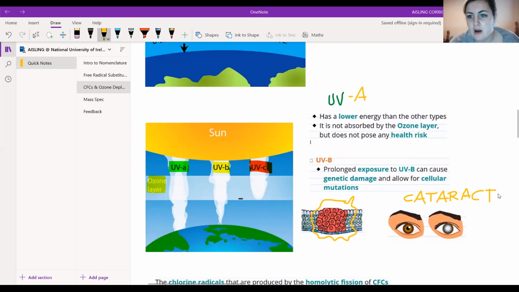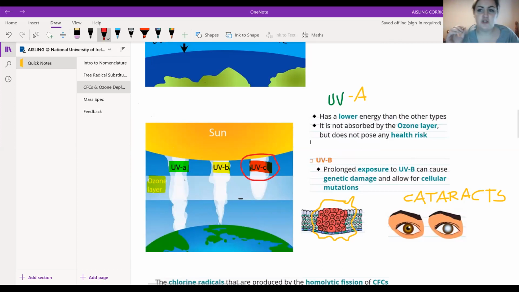Now, last but not least, UVC. Don't need to write too much about this one, but UVC is the most fatal. It gets completely absorbed by the ozone, and more or less it just accelerates what happens here by a lot. And for whoever does physics, you might know what makes UVA UVA, what makes UVC UVC.